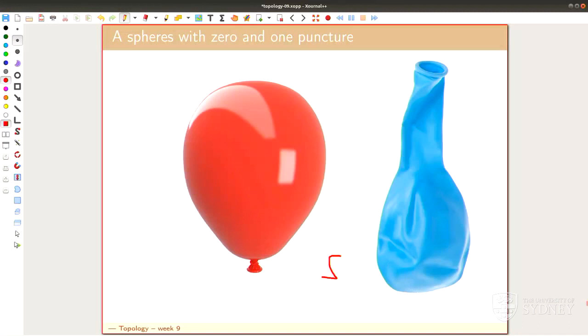So this is S2 hash D1, D2, and this is just S2 itself. I think of this as just being closed, a soccer ball filled with air. And you put in 1 puncture, and that's exactly what happens. So we know already those guys, and now we identified them in a more mathematical way. Very good.